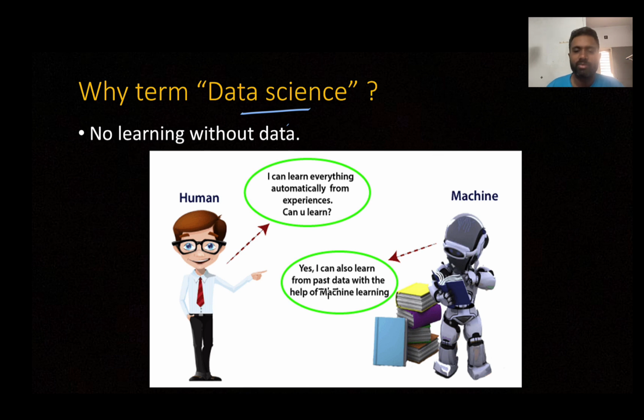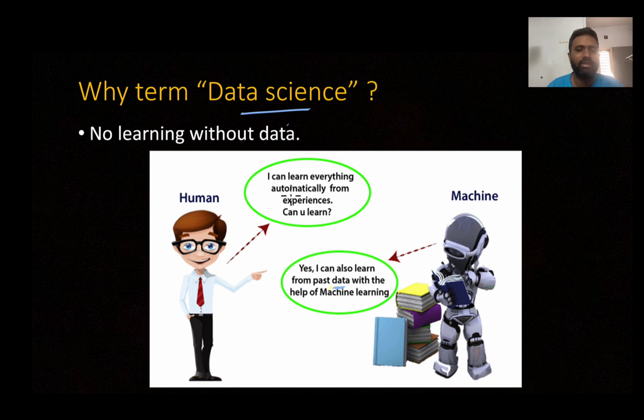So from certain past data or past experience, it will learn to perform a certain task. So there is no learning without any prior data. So for any task, let's say a human has to drive a car or do interaction or question answering, he has to have a certain past experience. Even if you ask a question in a certain language, let's say English, he should know that a certain word has a certain meaning, and after that he will try to comprehend the question and then answer accordingly.